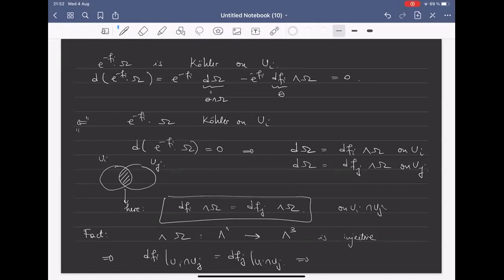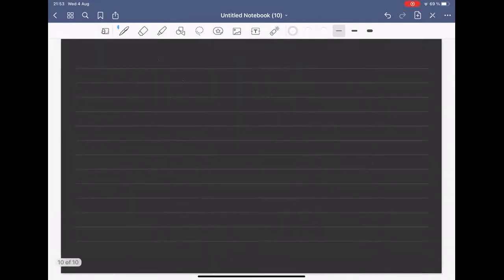So therefore, these local exact forms will glue up to a globally defined closed one-form theta. So now we have that these local relations, d omega equals df_i wedge omega, amount to a global relation.